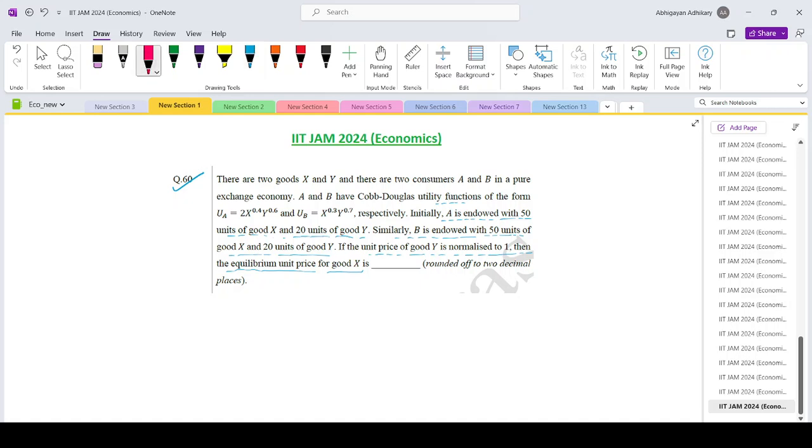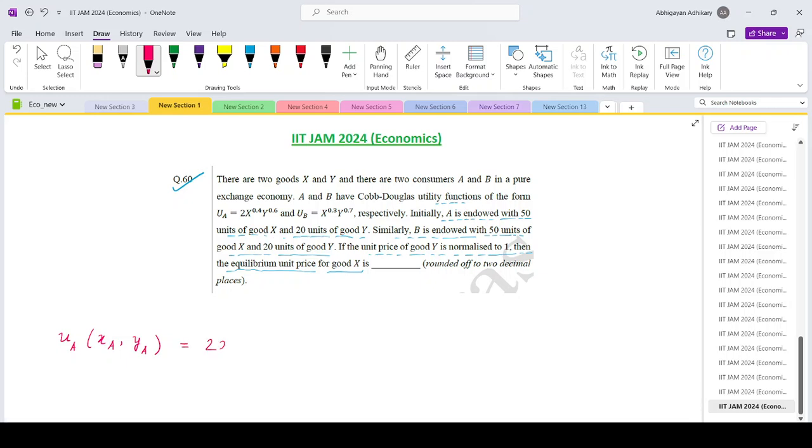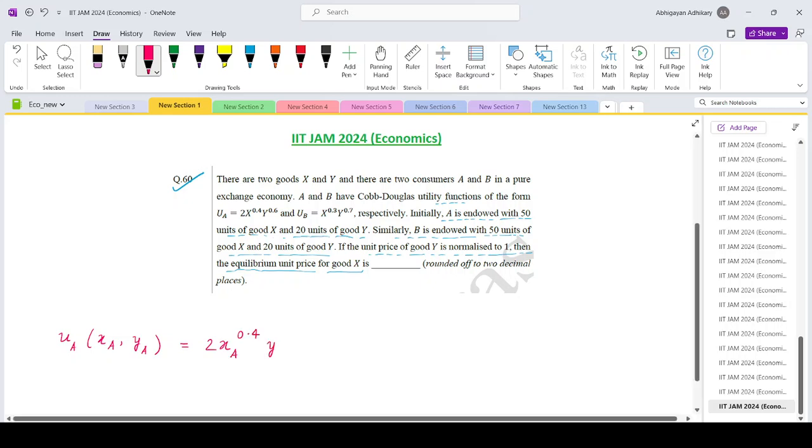So let's say that the utility function of consumer A depends upon the amount of X he consumes and the amount of Y he consumes, which is XA and YA. That is given by 2 times XA^0.4 YA^0.6. Just adding the subscript A for better understanding.